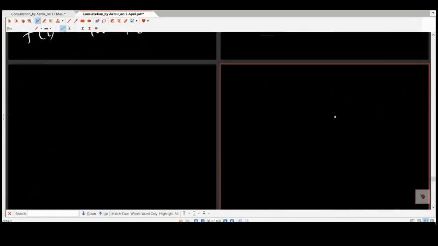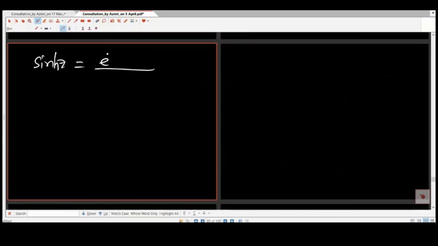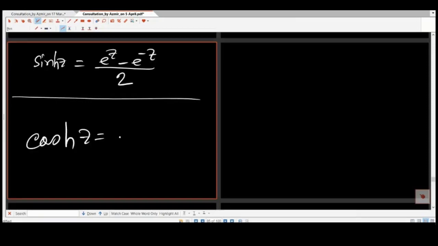Just like the trigonometric function sine z, we can think about hyperbolic sine of z. This is equal to (e^z minus e^(-z)) over 2. We have to remember this formula. Hyperbolic cosine of z is equal to (e^z plus e^(-z)) over 2.